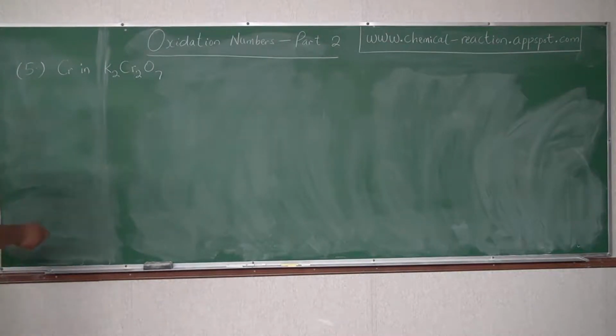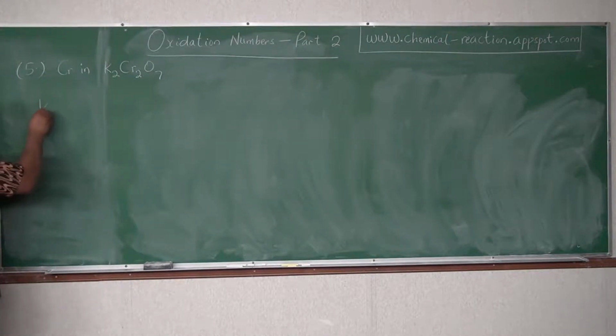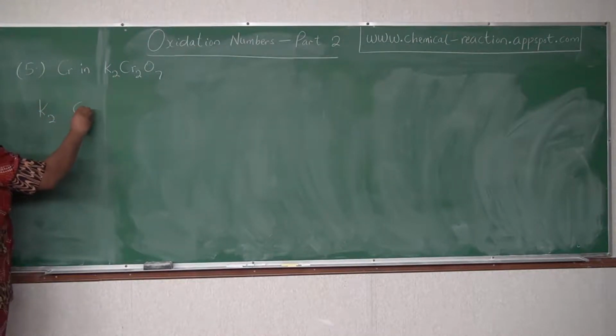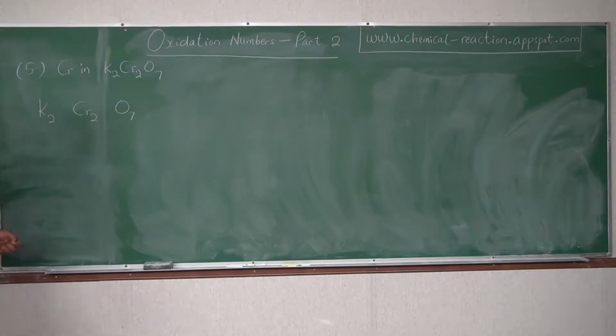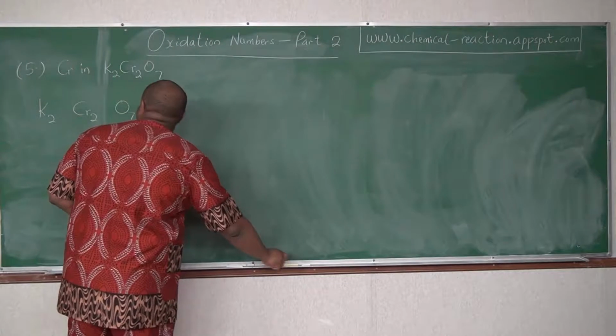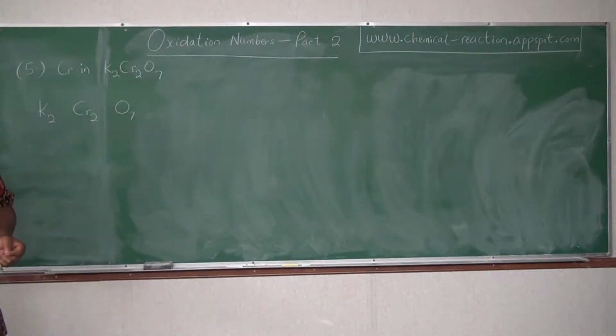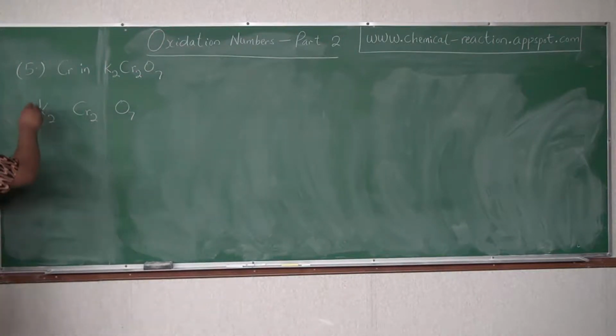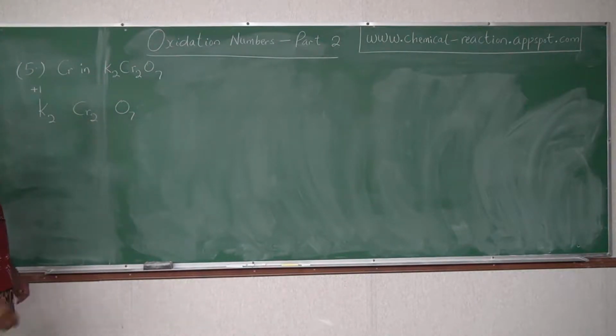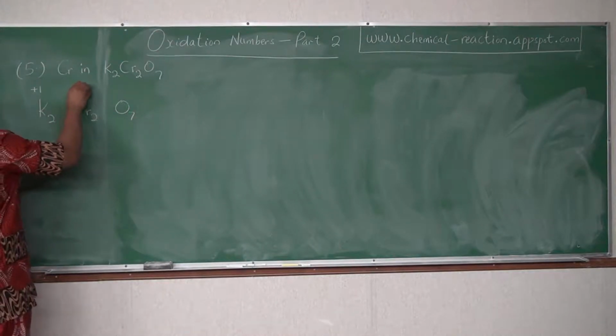So if we separate it, K2Cr2O7, let the oxidation number of chromium be X. Now potassium, we know that the oxidation number of potassium is +1. We discussed that in part 1 of the video. Then chromium, we just put X here.